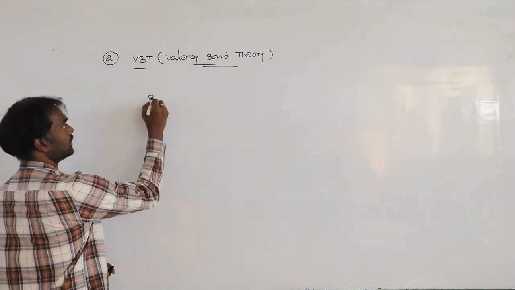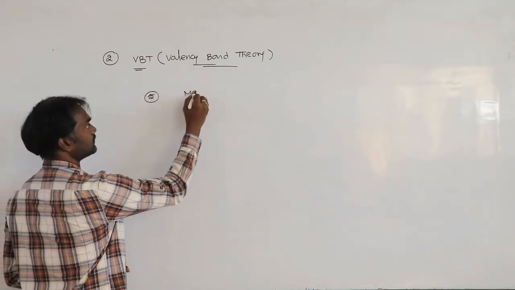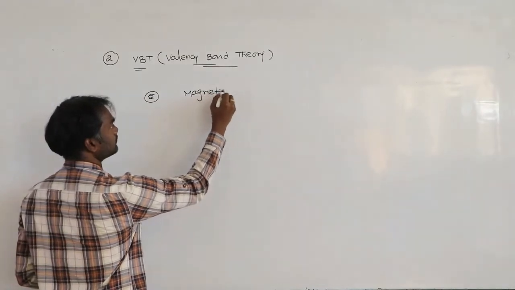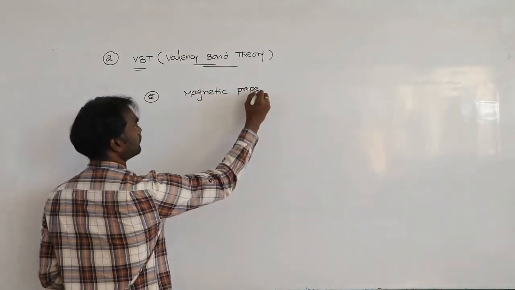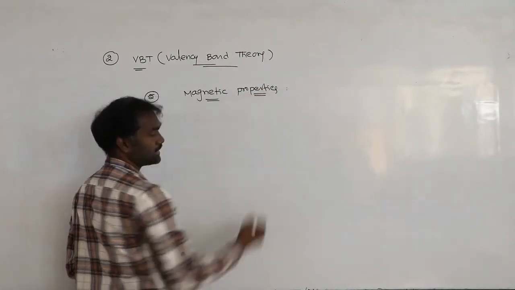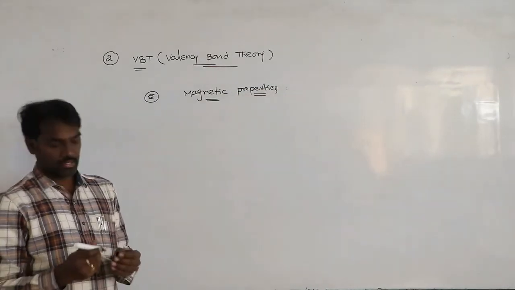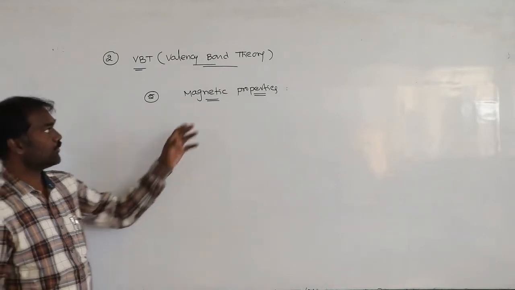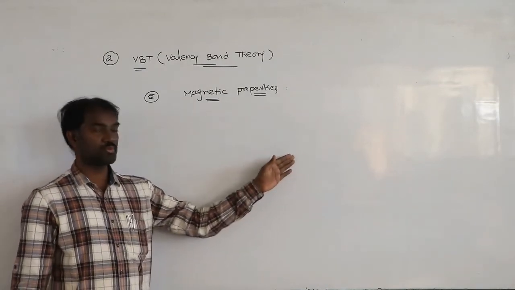Fifth, magnetic properties. Already we discussed low spin and high spin.